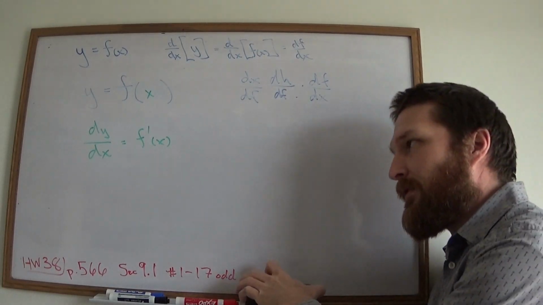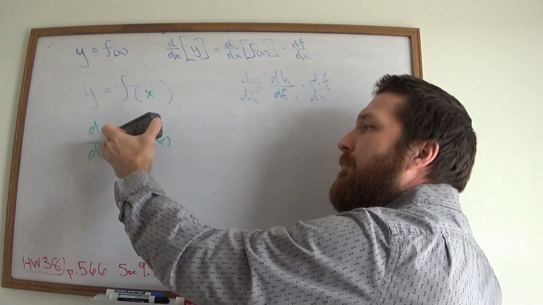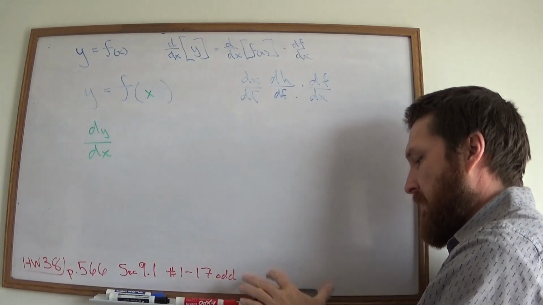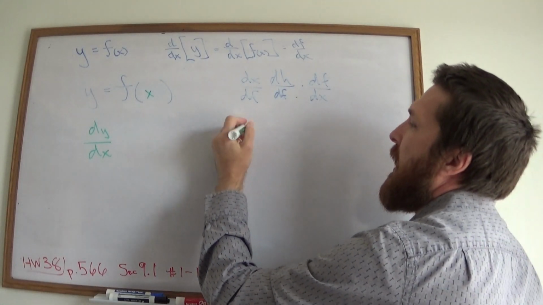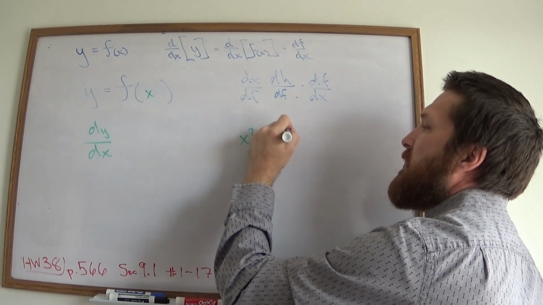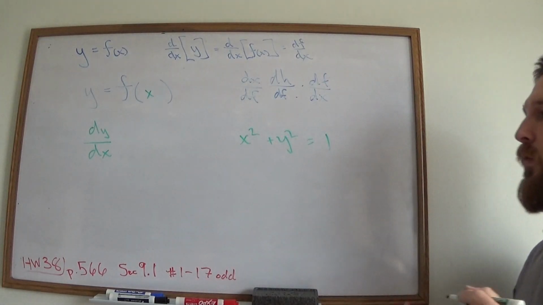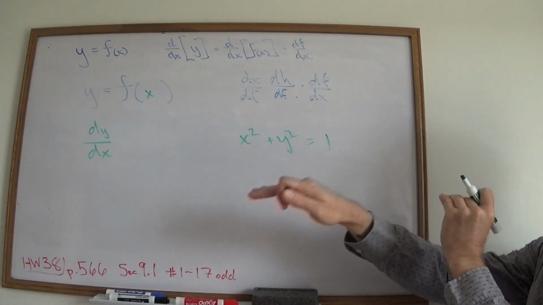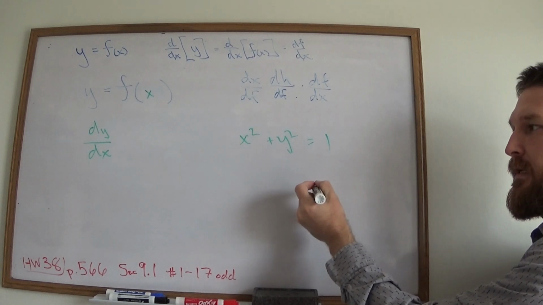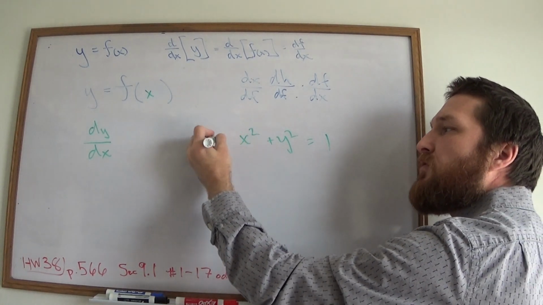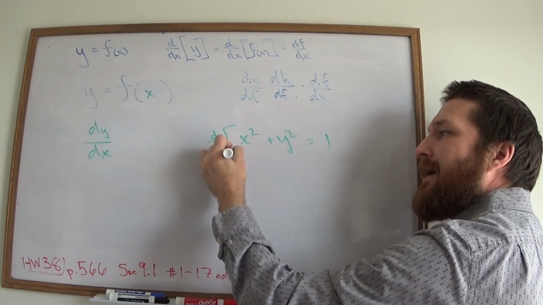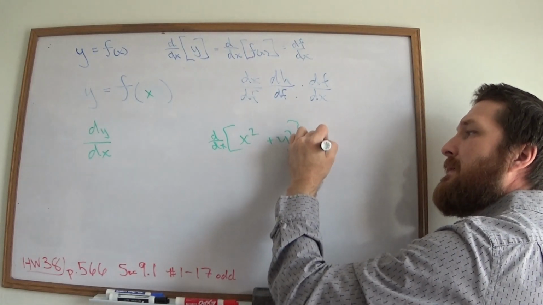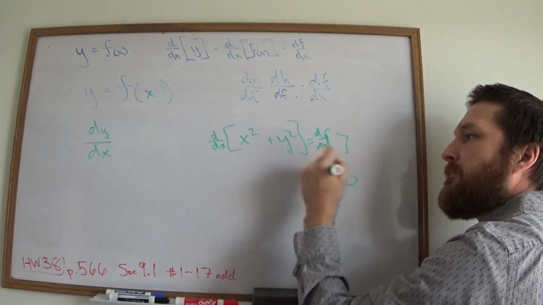And this is where it's weird. But let's think about implicit functions here, right? Like if we had x squared plus y squared equals 1. We could take the derivative of both sides of this thing, right? And if we're taking the derivative with respect to x, that goes to 0 over here.